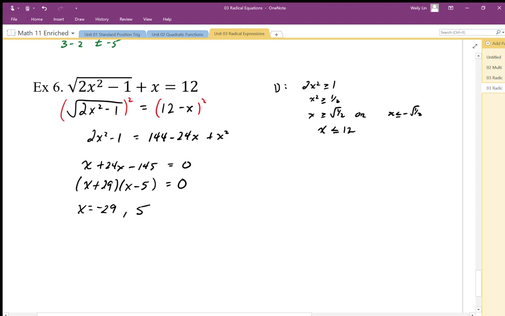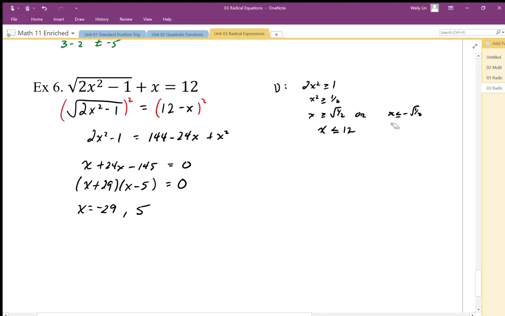Okay, so we know that the solution has to be bigger than √(1/2), and also less than −√(1/2). Okay, so this satisfies one part, and it satisfies less than 12, yeah.